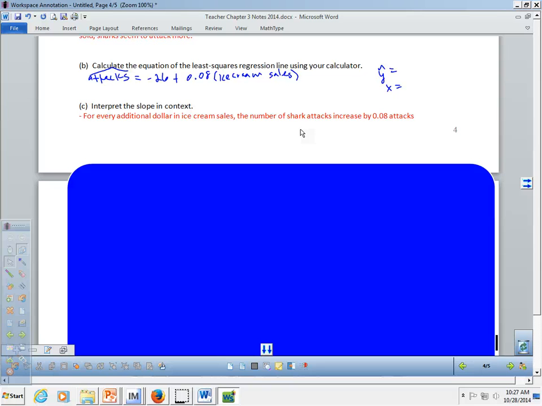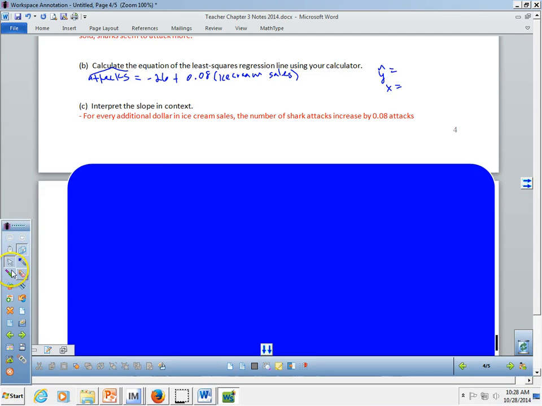We're going to multiply the x by 100, we can multiply the y by 100, and that might make more sense. But I would start here first and then adjust that interpretation as you see fit to make more sense. I'm going to leave it now as this. For every additional dollar in ice cream sales, the number of shark attacks increased by 0.08 attacks. Okay?